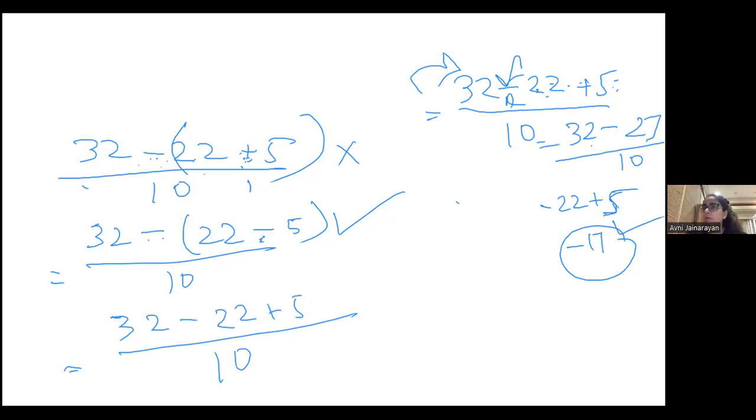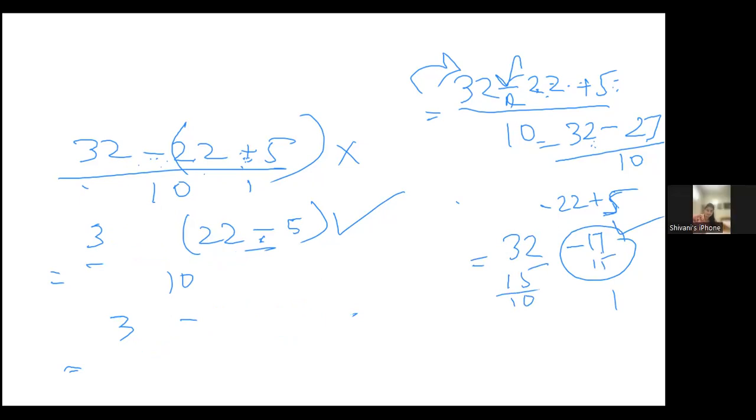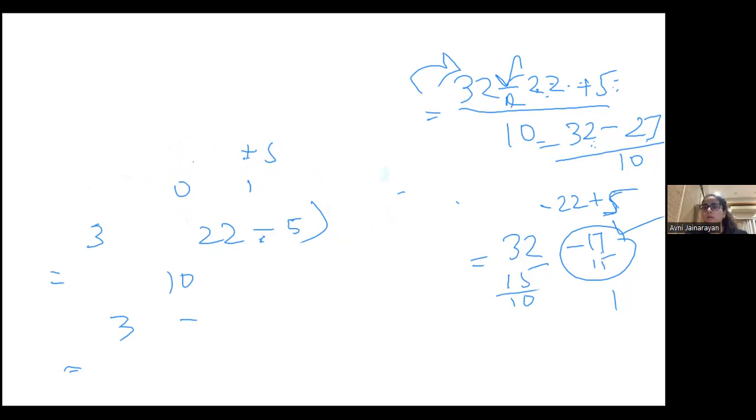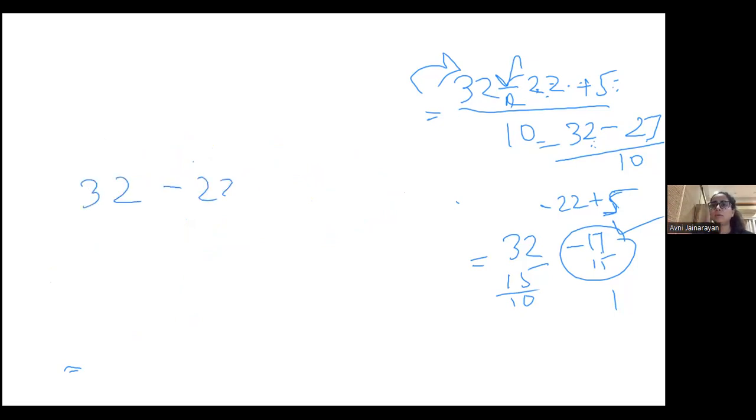So coming back to this question, it's going to be 32 minus 17 and now the answer would be 15 upon 10, right? Or if it was just doing it the simpler way, it was 32 minus 22 plus 5 upon 10. मैंने पहले इन दोनों को कर दिया, आंसर आया 10, करेक्ट? 32 minus 22, राइट? यहाँ पर साइन का कॉन्सेप्ट होता है.